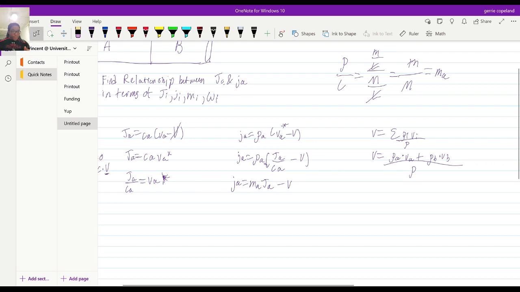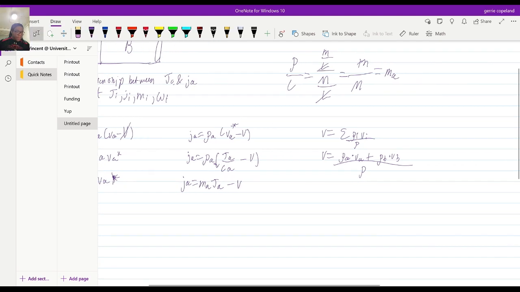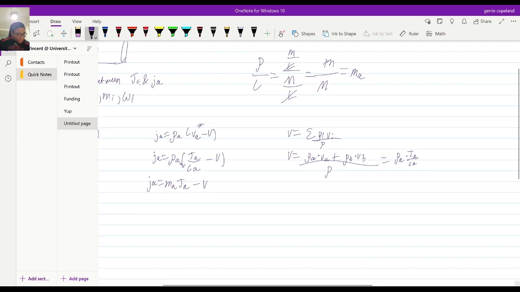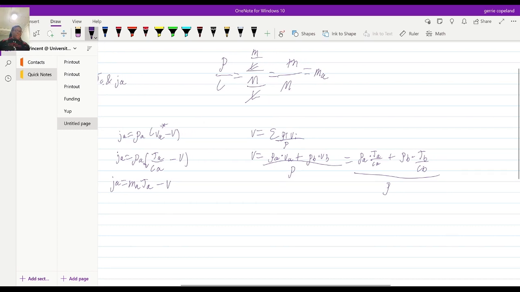So the velocity of B will be the same thing just for B. So this then becomes the density of A times the diffusive flux of A over the concentration of A, plus the density of B times the diffusive flux of B over the concentration of B, all over the total density.